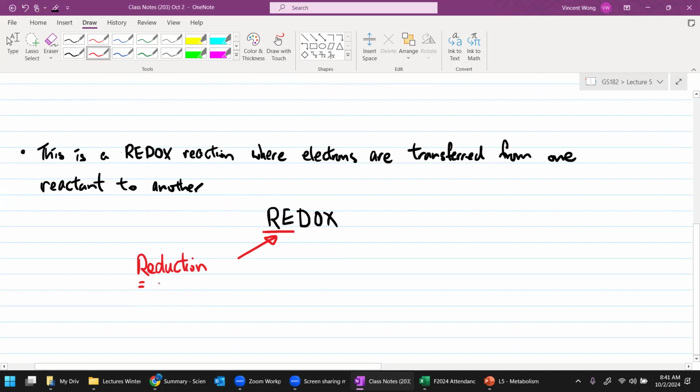So reduction means gaining electron. It gains electron. Because we're going to be writing the word electrons like 10,000 times today, I'm just going to abbreviate it, okay? You can do that too.